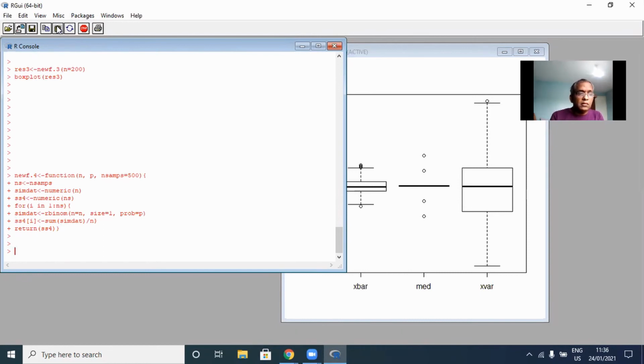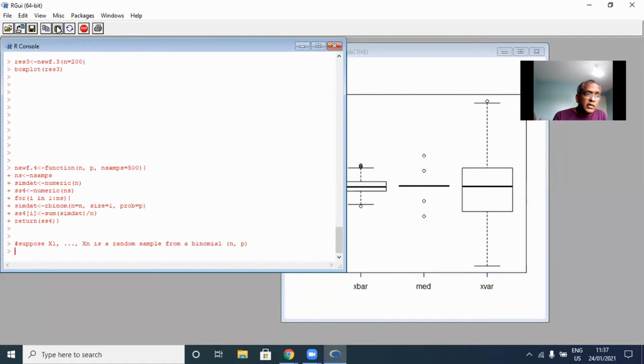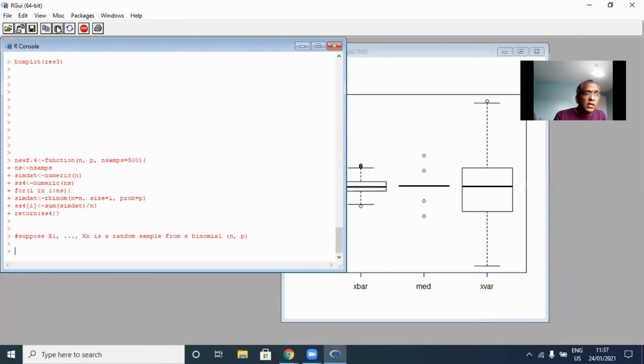Suppose you have a random sample, say x1 to xn, from a binomial distribution with n and p. Now, what this does is it computes the sample mean.